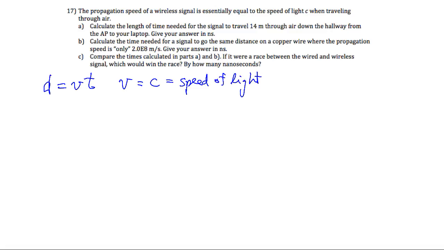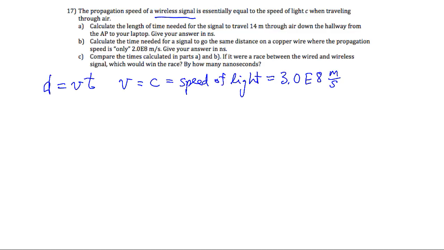In fact, this wireless signal, which is a radio wave, goes at the speed of light in a vacuum, but in air here on the surface of the Earth, it's 99.9% of the speed of light. So we're just going to take it to be the speed of light, 3.0 times 10 to the 8th meters per second. That's the speed of light, basically.